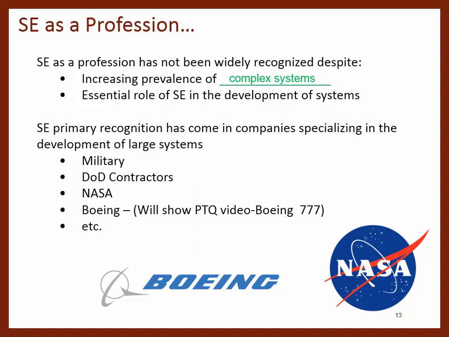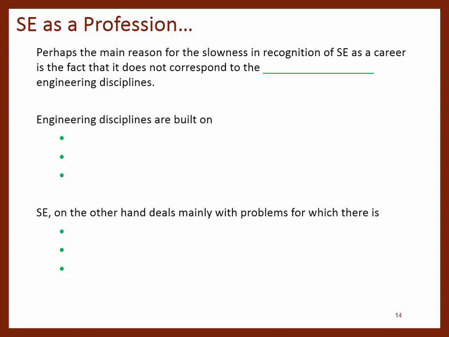Boeing also, and all these airplane manufacturers implement a lot of systems engineering within their company, because of the type of problem that they're trying to solve and the type of systems that they're trying to build.